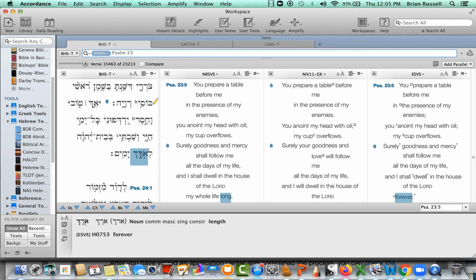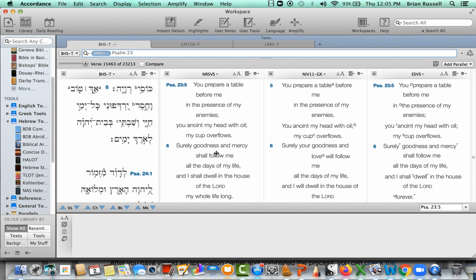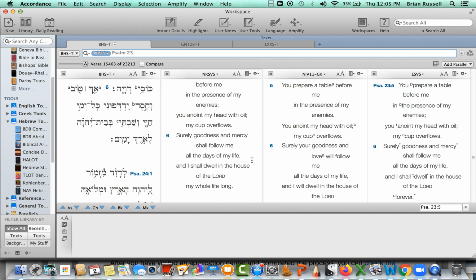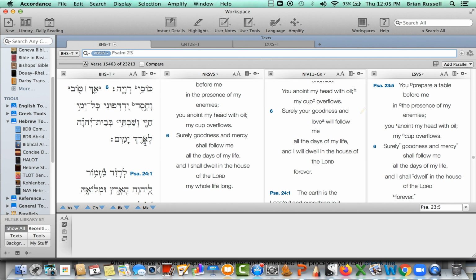And notice our translations say things like, I will dwell in the house of the Lord forever. Some do my whole life. So they're playing around with how to best bring that phrase into English. But this is for length of days. Length with respect to days. What kind of genitive is this? Go back to 2.2.6. This is specification. All right, we made it.